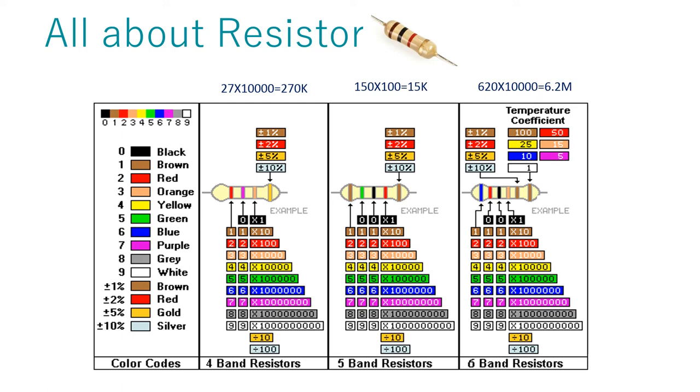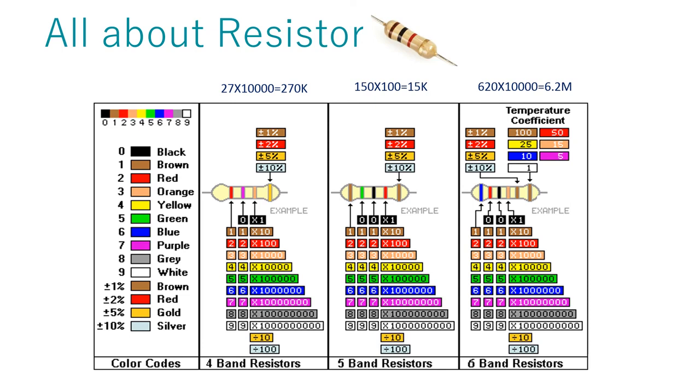Third color is of multiplier. The third color is yellow and its number is 4, and will be written as 10,000, 4 zeros after 1. So the value of the resistor is 27 multiplied by 10,000, or 270 kilo ohms. Last color is of tolerance. Resistors can have up to 6 color bands.